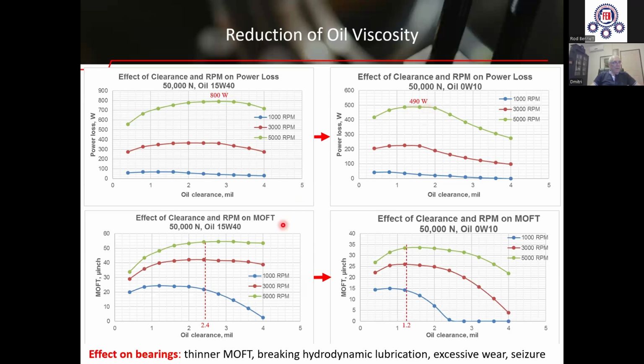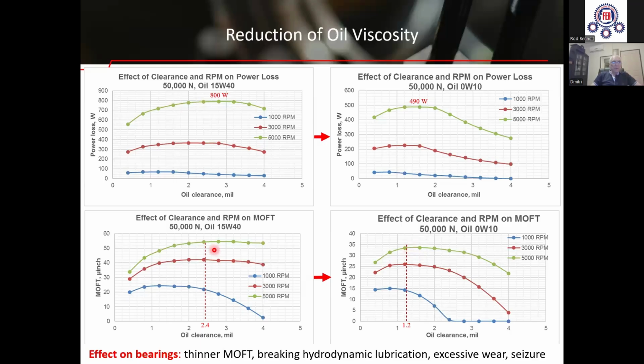On the other hand, the bottom graphs explain the effect of oil clearance on minimum oil film thickness for the oil 15W40 and for the oil 0W10 at three different rotation speeds. You can see that the minimum oil film thickness with the low viscosity oil is between 15 to 34 micro-inch.